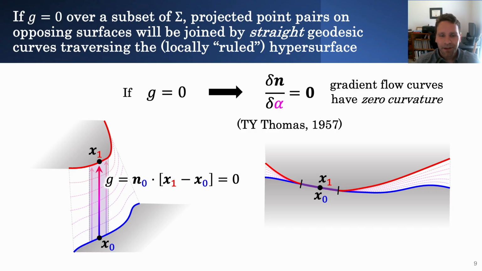In this case, we would see that this discrete gap function is actually perfectly consistent with our definition of the differential gap function anywhere we have this condition that the two surfaces are perfectly in contact. So we don't actually have to deal with the issue of these trajectories being curved in that case.